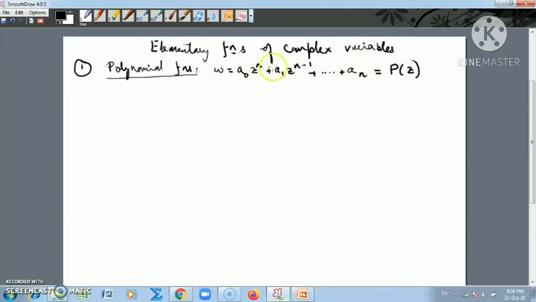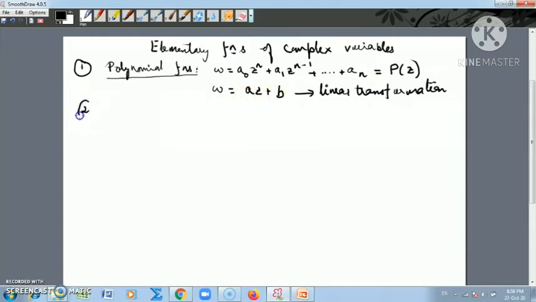Suppose n is equal to 1, then this becomes w is equal to az plus b. In this case it's called a linear transformation, and we are familiar with this.